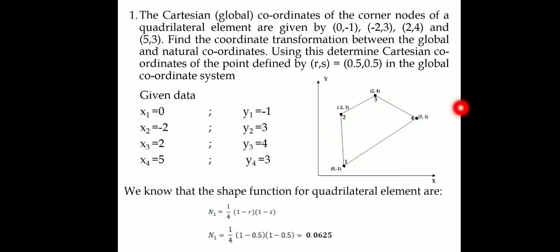The shape function is already known to us, that is N1 is equal to 1/4 (1 minus r)(1 minus s) for node 1, and substituting the values of r and s we get N1 is equal to 0.0625.